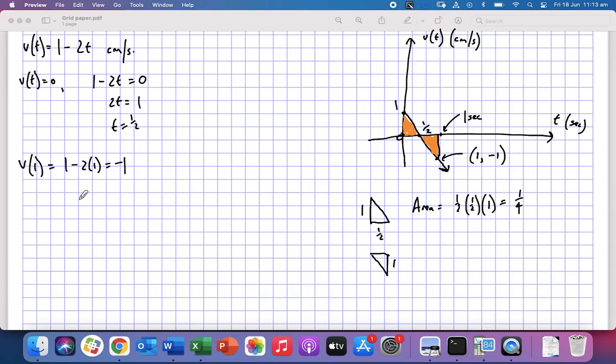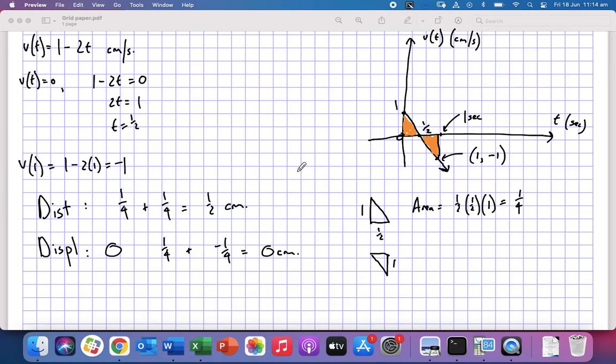The distance versus displacement, right? The displacement is 0 because it's a quarter plus minus a quarter equals 0 centimeters. But the distance is a quarter plus a quarter equals half a centimeter, right?